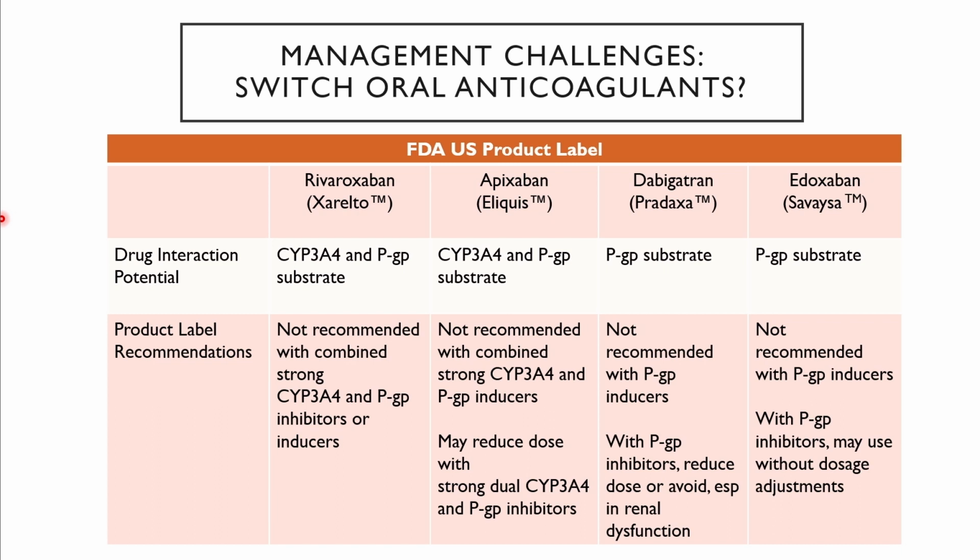Apixaban, you could use it, but you may need a dosage reduction depending upon the indication for the drug and the patient population and other patient covariates. Dabigatran, we already went through the label recommendation for that, and edoxaban, which is a fairly newer direct oral anticoagulant that's available. The data with edoxaban, if you note in the product label, is that with specific PGP inhibitors, you actually might be able to use it without any dosage adjustments.